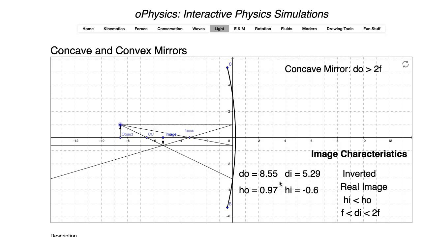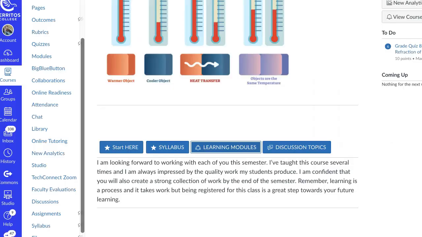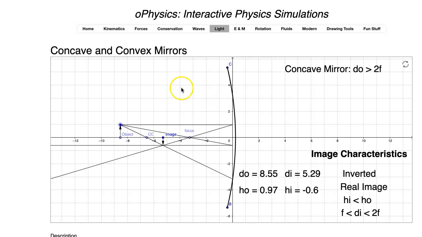My focus today is that I want you to use the graphs to calculate what the focal length really is. When I did this calculation of data, I will share it with you now. This is just for the concave mirror.